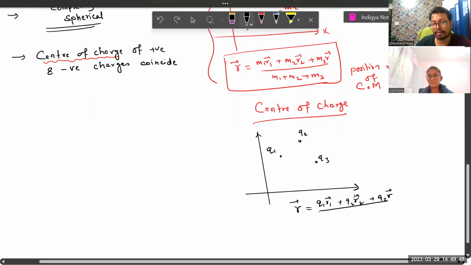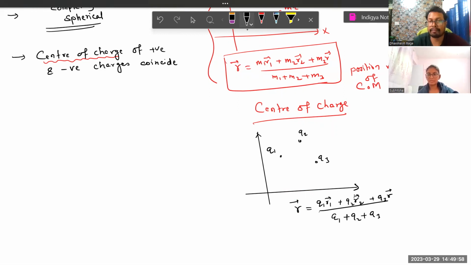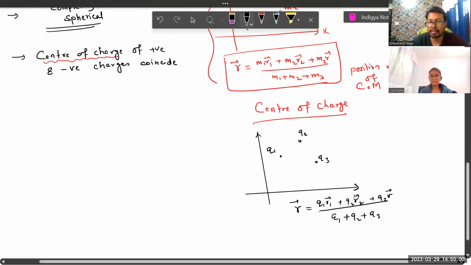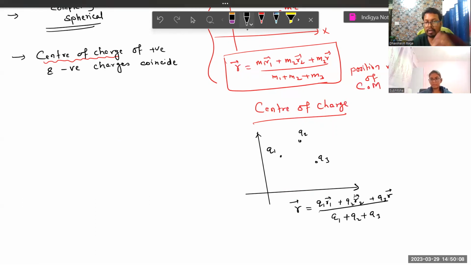Exact same definition. Now just mind it, center of charge and center of mass can be different. Center of charge has nothing to do with the mass. It simply means how the charges are distributed in a particular system.